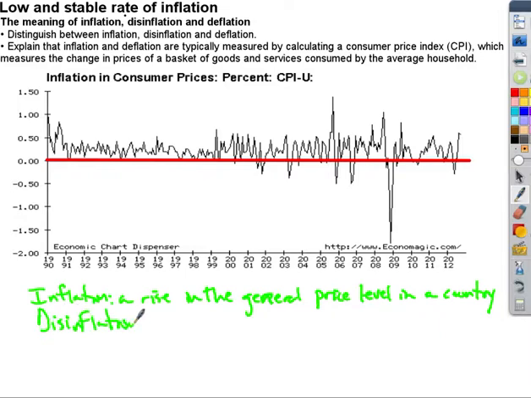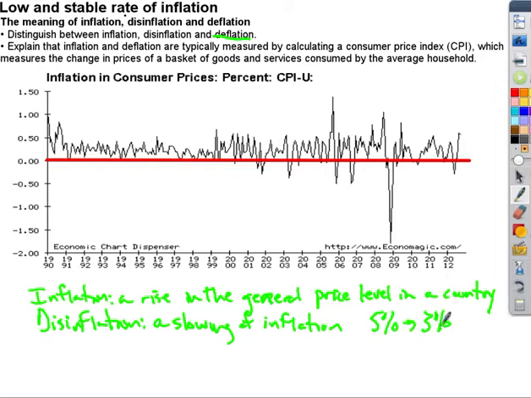Disinflation is a slowing of inflation. That doesn't mean that inflation has gone negative, because that would be deflation, which we'll talk about in just a second. Disinflation says that if last year inflation was 5%, then this year it's 3%.